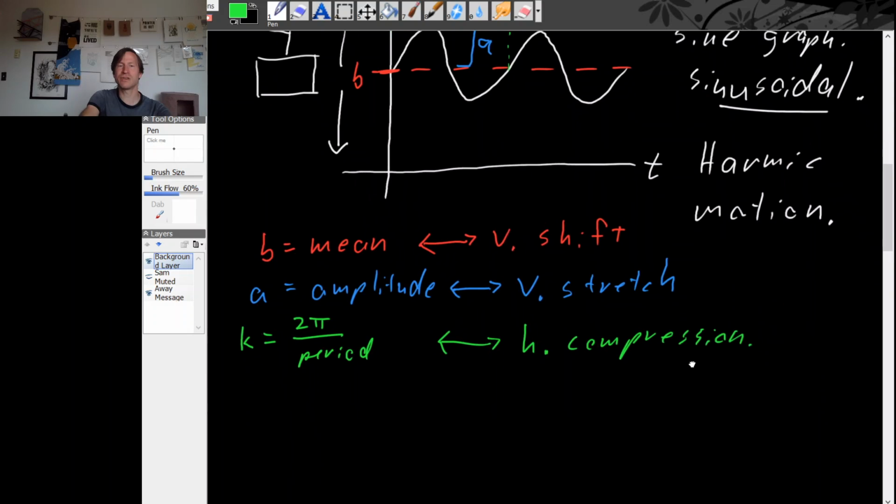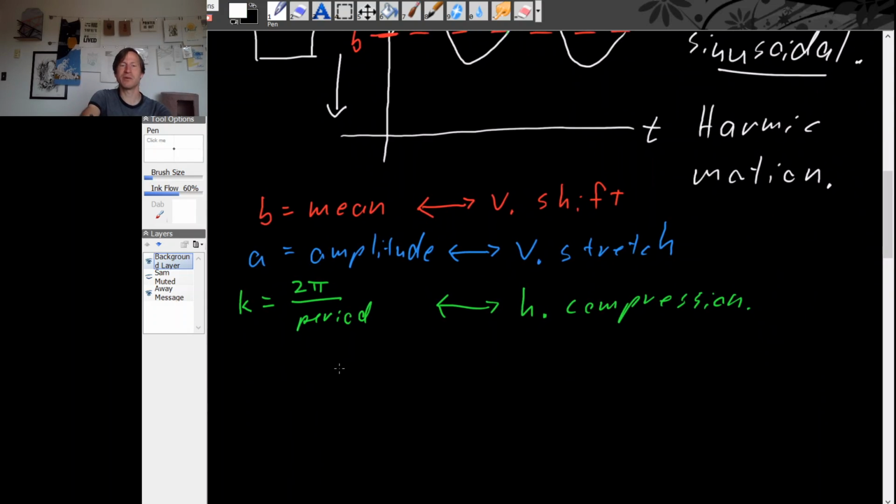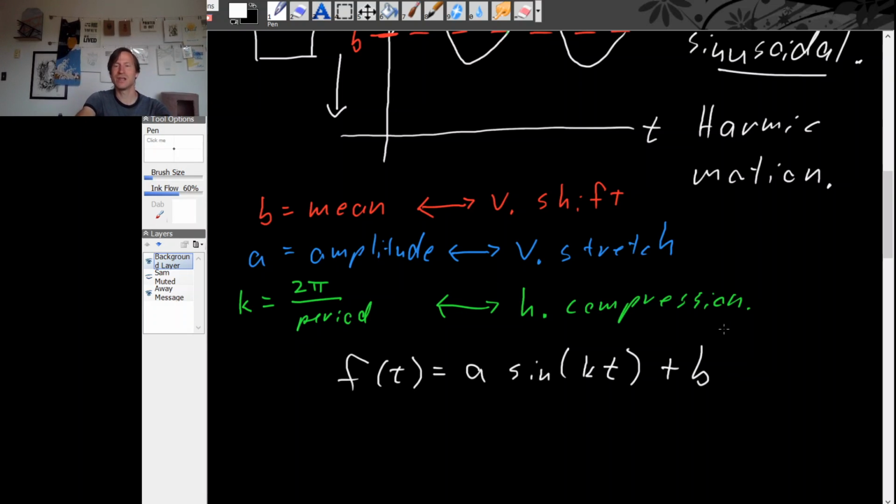Okay, so with these transformations, the formula that we get for f of t is A times sine of k times t, plus B. And the B has to show up here so that it performs a vertical shift. A has to show up here so that it performs a vertical stretch, and k has to show up multiplying inside so that it performs a horizontal compression.